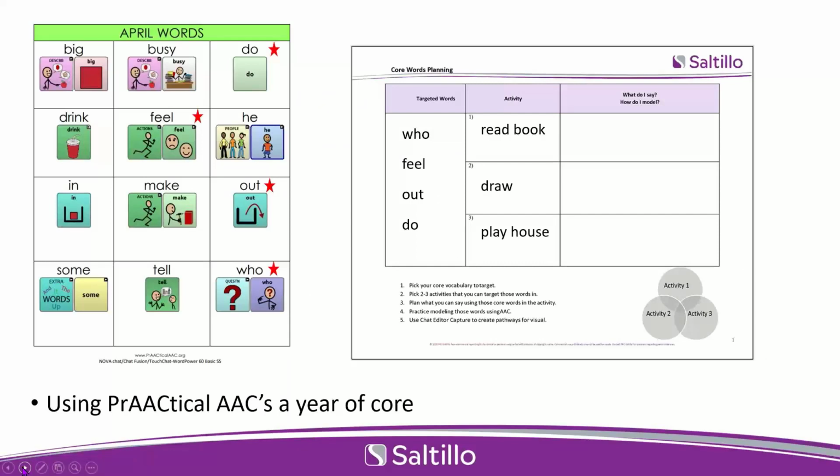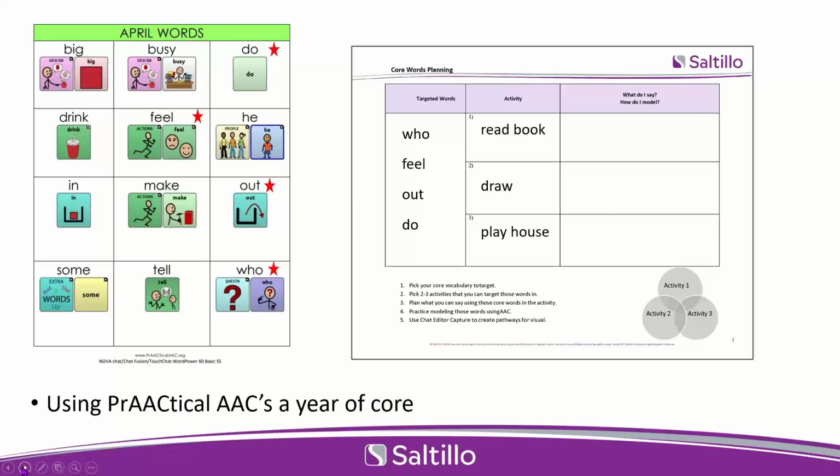Okay, so let's look at it in action. I just grabbed the April list of words from Practical AAC's Year of Core. And this is for WordPower 60 Basic, but you can also find them on the blog for other vocabulary files.